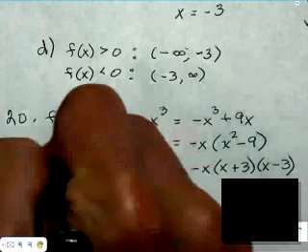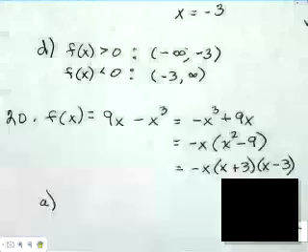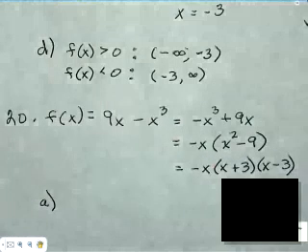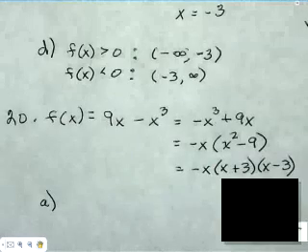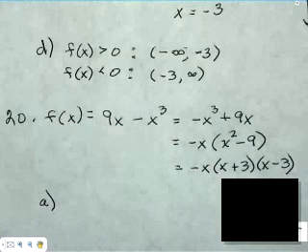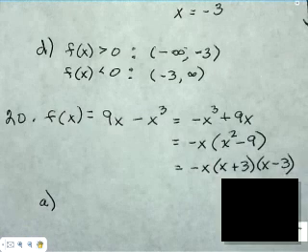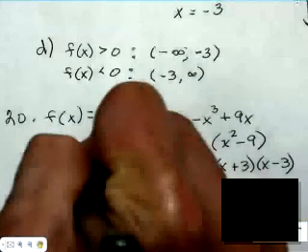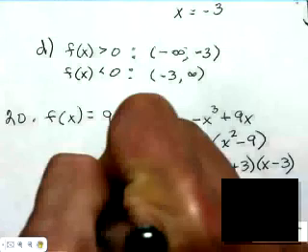So for the A part, what's the degree of this polynomial? Third degree with negative coefficient. That should tell you what the graph looks like on the ends. Goes up on the left and down on the right, just like the previous problem.